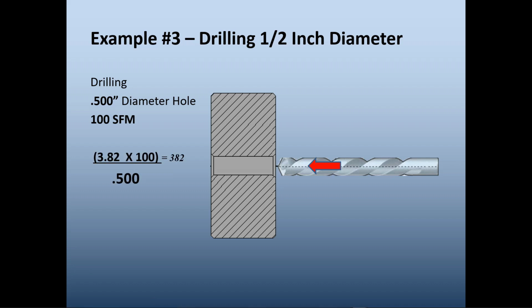So our equation is 3.82 times 100 surface feet per minute, and that's divided by 0.5, the diameter of the drill. The resulting RPM value is 764.